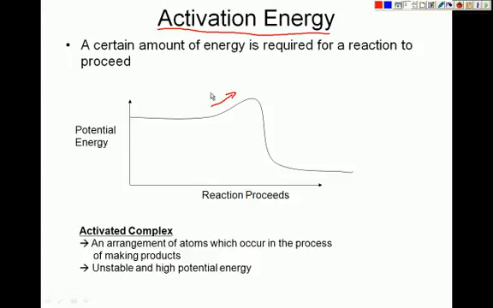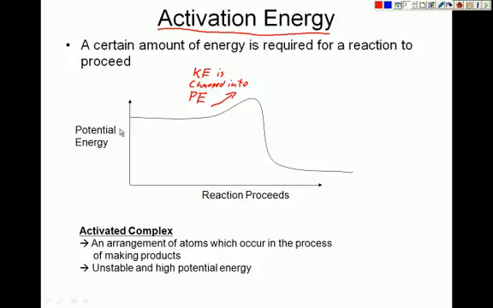Okay, so the potential energy goes up because kinetic energy is changed into potential energy. Okay, so we have molecules moving around, they have kinetic energy, and then they start to come and they're about to collide, and kinetic energy is changed into potential energy.